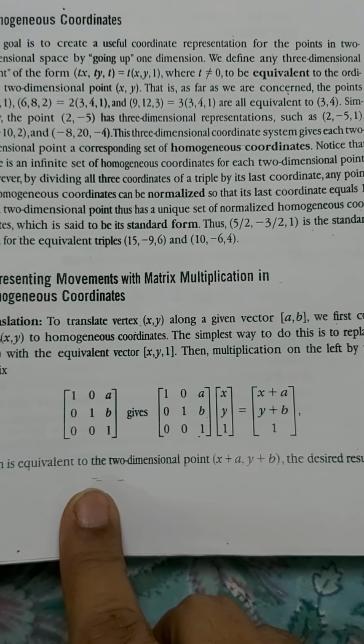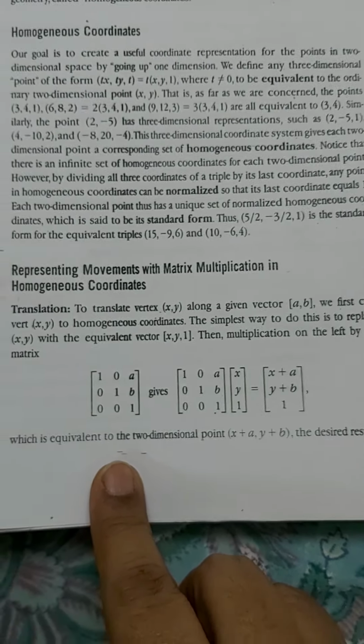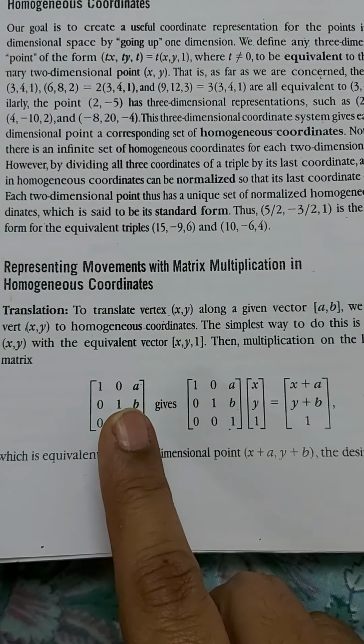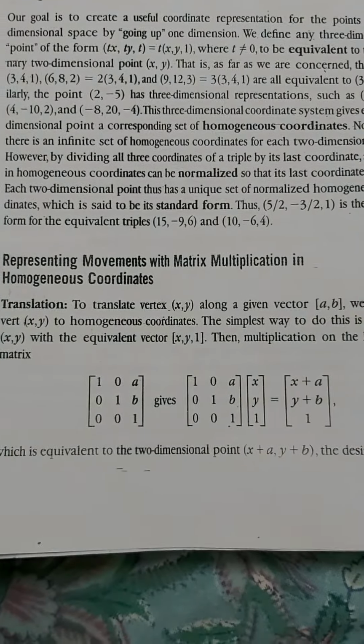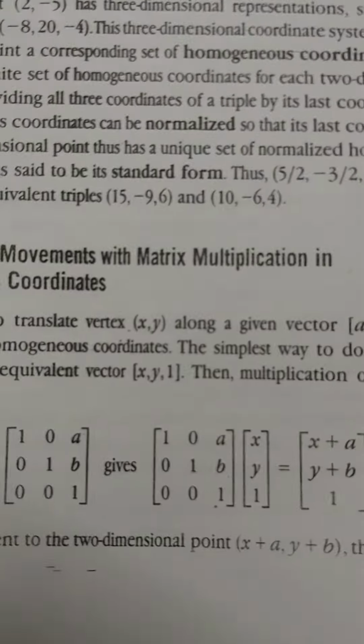Suppose we have to translate vector (x, y) by (a, b), x coordinate by a units and y by b units. For this, we will write (x, y) as (x, y, 1) and multiply it by the matrix [[1, 0, a], [0, 1, b], [0, 0, 1]].